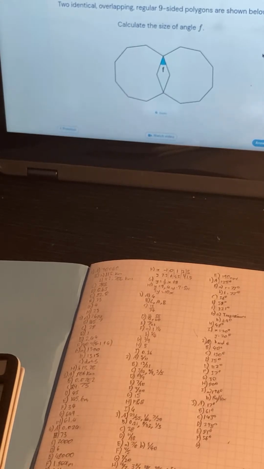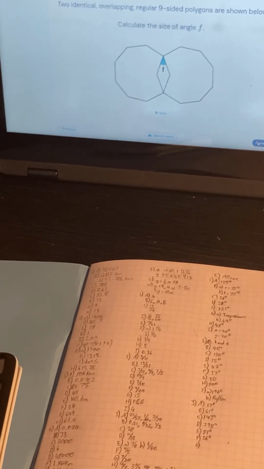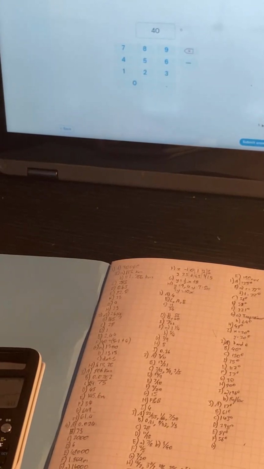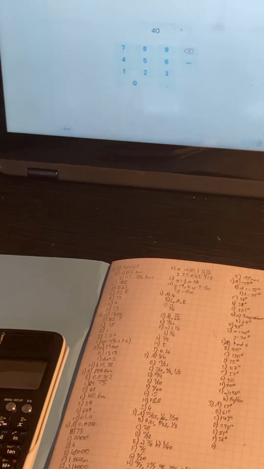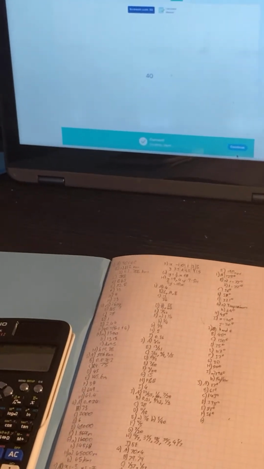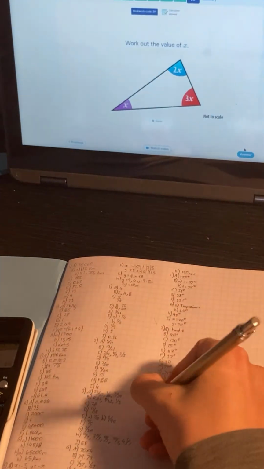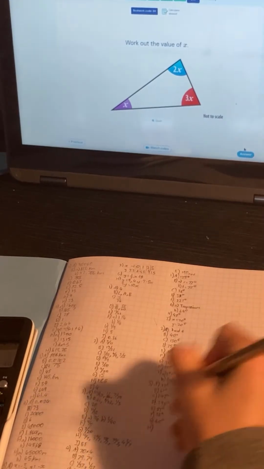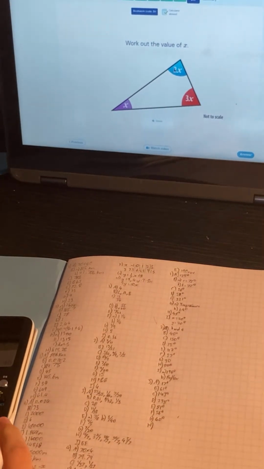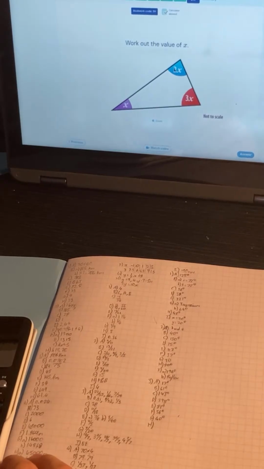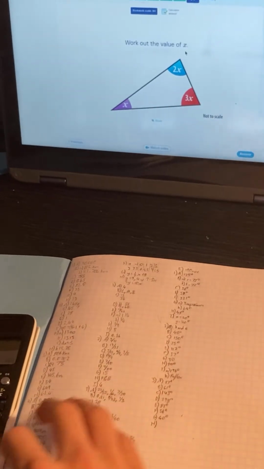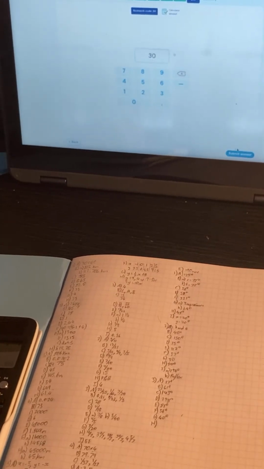And then we can do 360, subtract 2 of those, and that divided by 2, which is 40. G is 40 degrees. H. Right. 180, that's... No, it's 6 in total. Which is 20. It's 30, I lied to you.